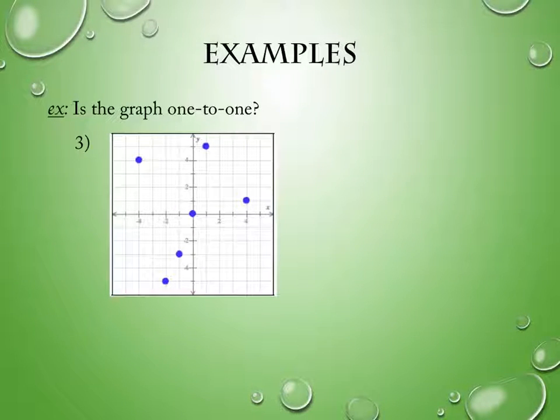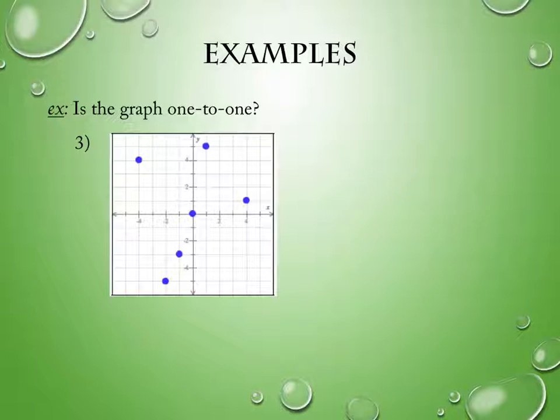We've seen graphs too where they're just a bunch of ordered pairs, right? Just a series of dots or points. And I have to be able to draw horizontal lines that only cross once. Kind of my important values are at every point. So if you take a look at that collection of points, is it one-to-one?